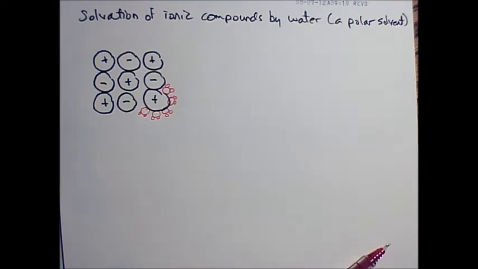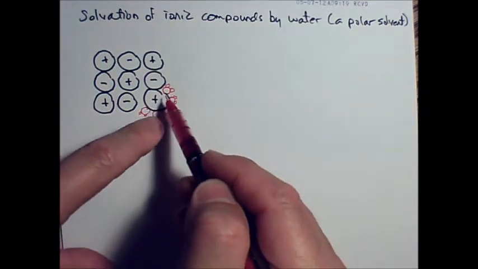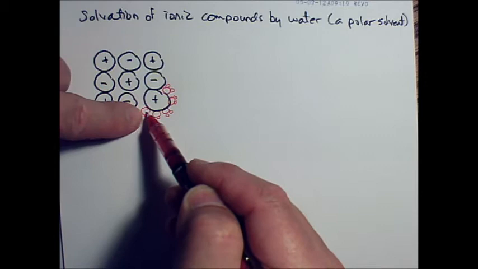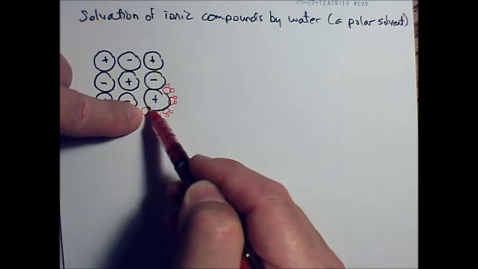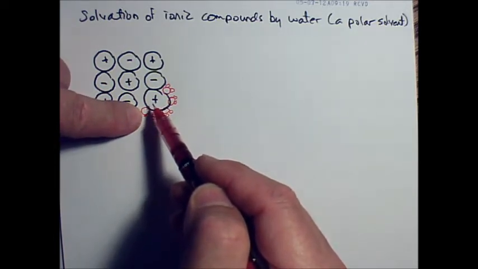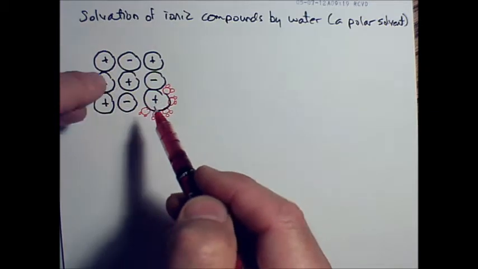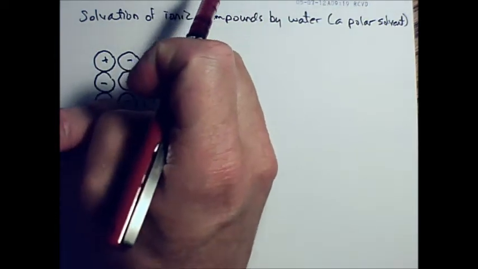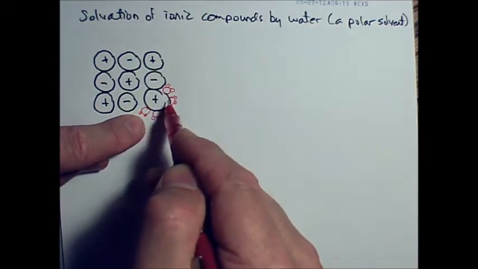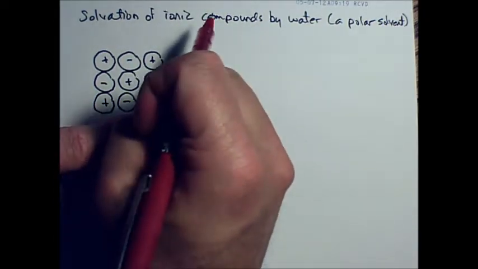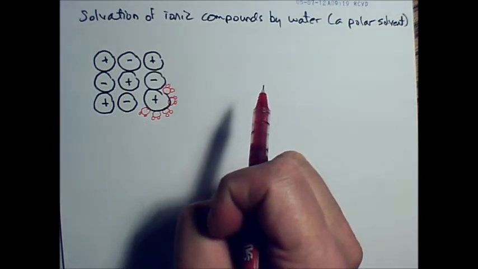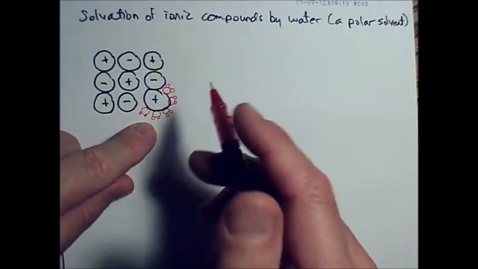Okay? And eventually, when the conditions are just right, there's enough water molecules with the negative end nestled up against that positive ion, surrounding that positive ion, and enough vibration of this ion that the need for negative charge is supplied by the water, and it just basically shakes loose. Okay? Provides all of its needs for negative charge by surrounding it, and it shakes loose.